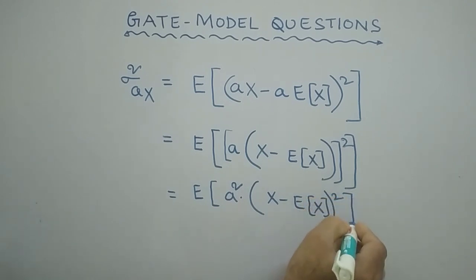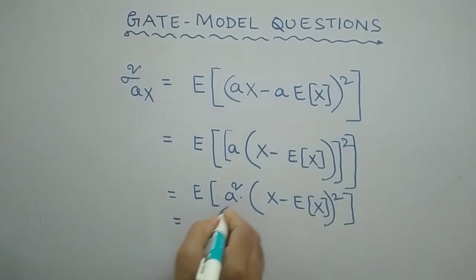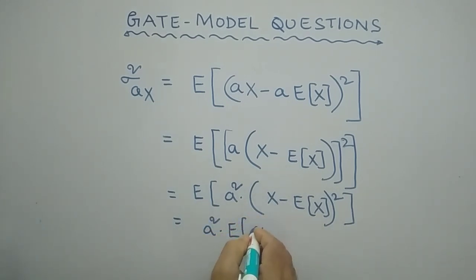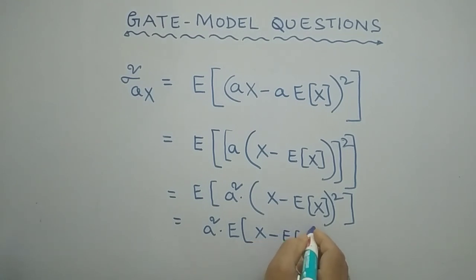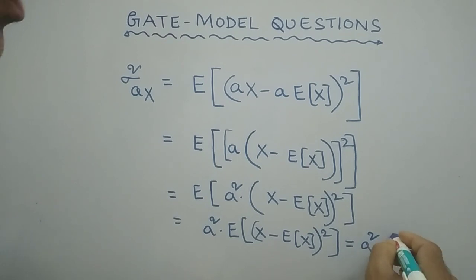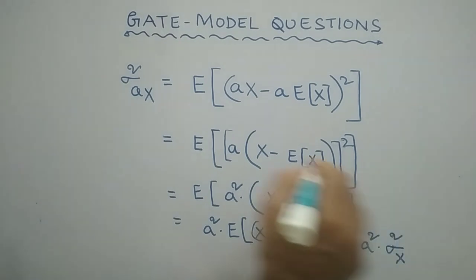So you can take this a square outside: a square into expected value of x minus e of x whole square. This further is equal to a square into sigma square of x. That is the formula.